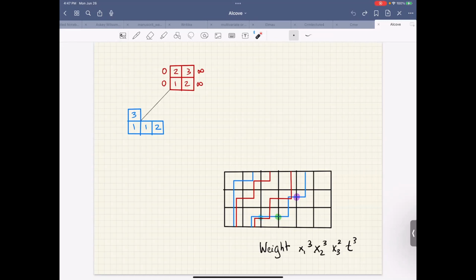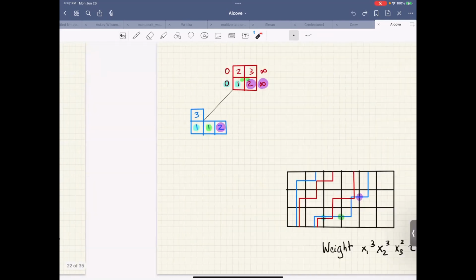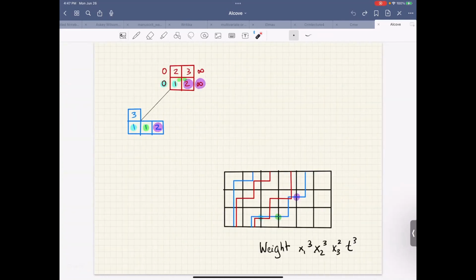So the t weight for this configuration is t to the cube, and you can translate that into the co-inversions, where the blue dot here would correspond to this co-inversion, 0 less or equal to 1 less or equal to 1. And the purple dot here would be this co-inversion, 2 less or equal to 2 less or equal to infinity.